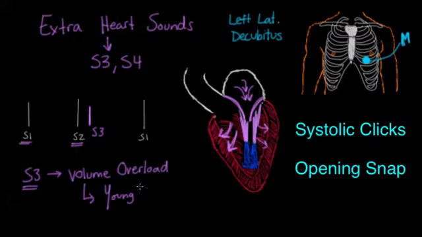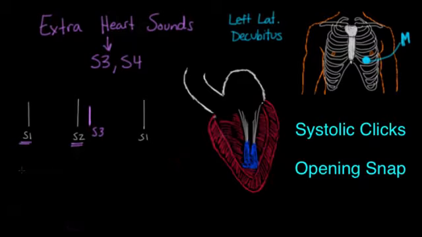But in a middle-aged or old person, or an elderly person, this is usually a bad thing, and it's usually due to heart disease, something like congestive heart failure, where they have too much volume coming into that ventricle, and you get an S3. And there are many other conditions that can cause an S3, but for our purposes, let's just know that it's related to volume overload.